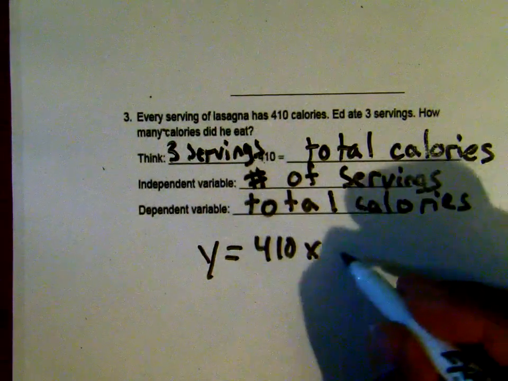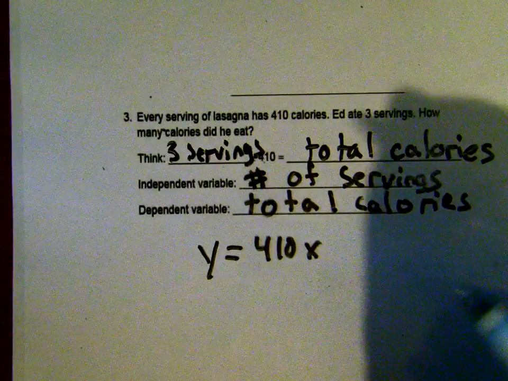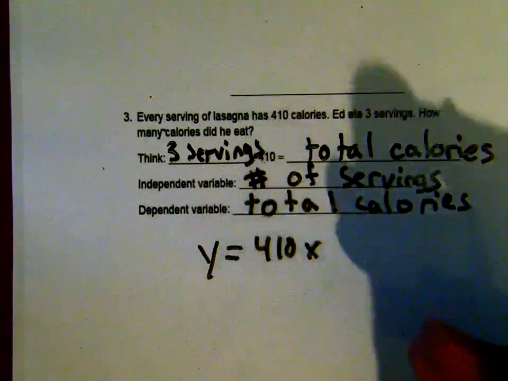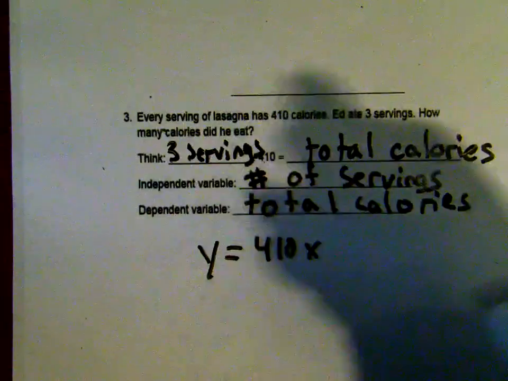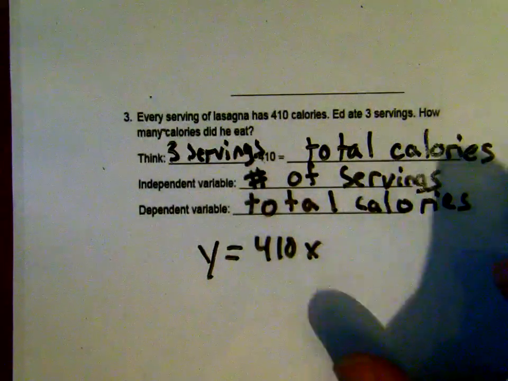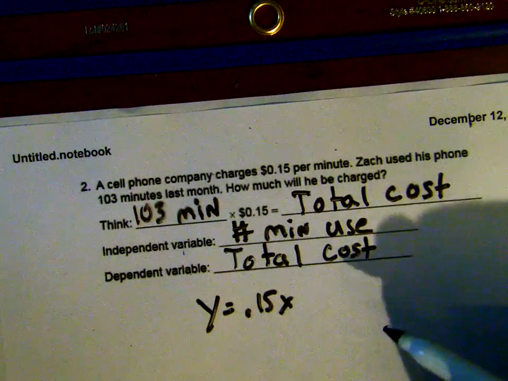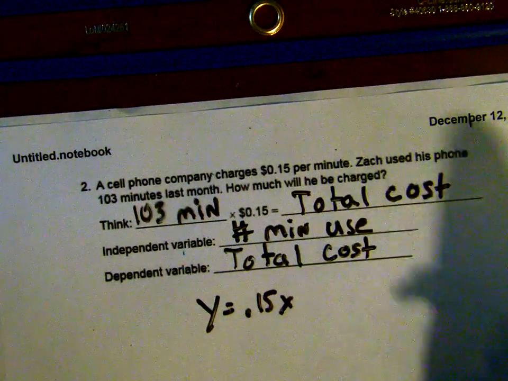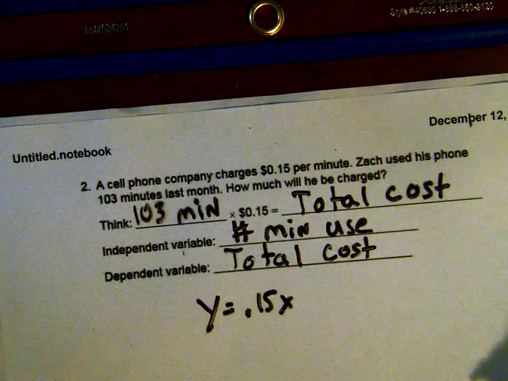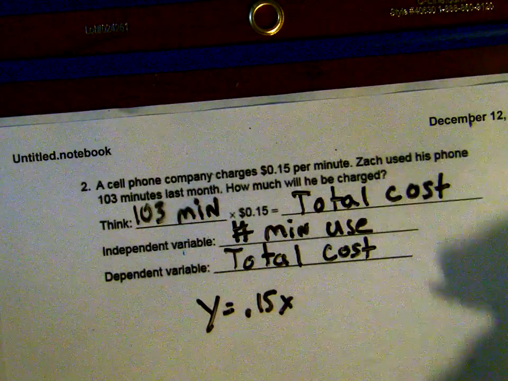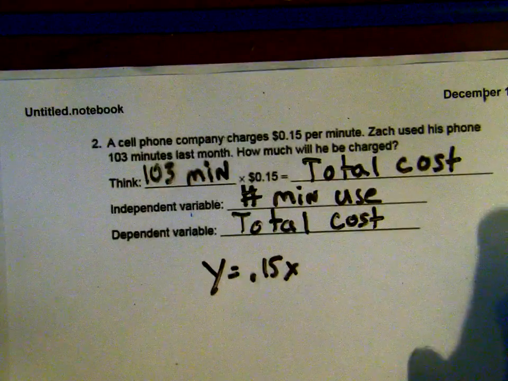Notice there's no b on this, but if we were already starting with knowing how many calories he already had, or if there was an automatic fee included just for using the phone, that would be the plus b part. And then once you get your equation set up, you can answer whatever question you need to answer there.